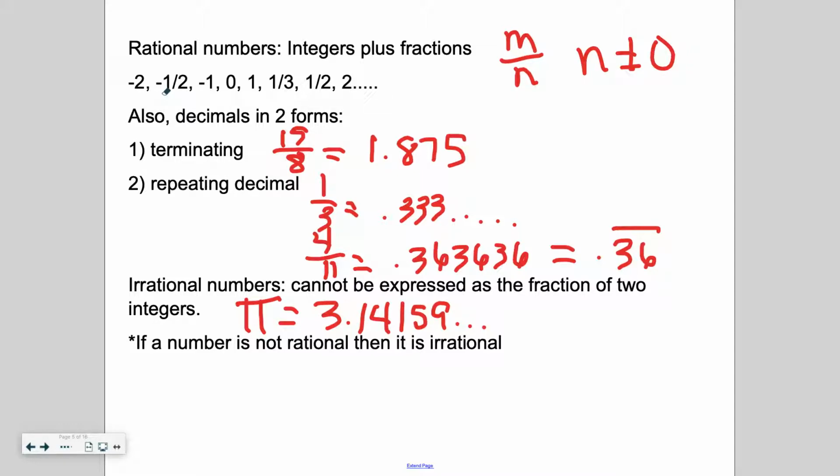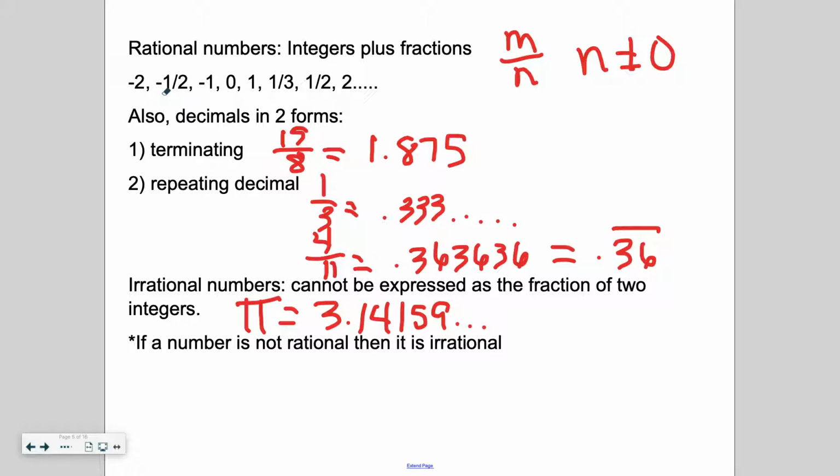You will have problems on your homework today that ask you to say whether it's rational or irrational. If it doesn't fit into any of these categories, then it has to fit into this one. So it's easier to say irrational numbers are anything that's left, instead of listing all the things we could check for.